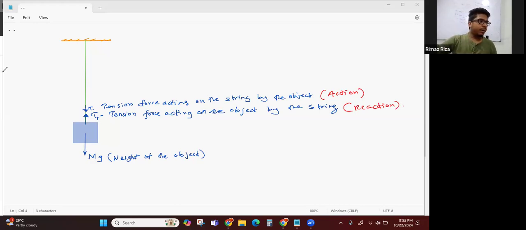Okay. Then similarly, I can mark here T2, and here again T2. So this T2 is the tension force acting on the support by the string.